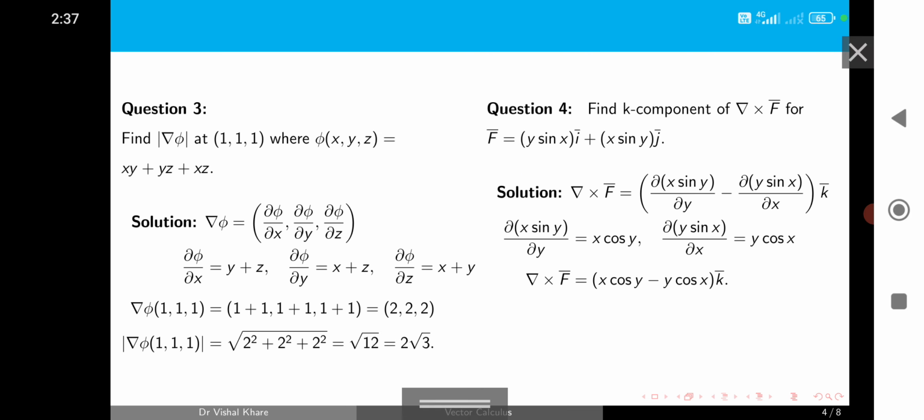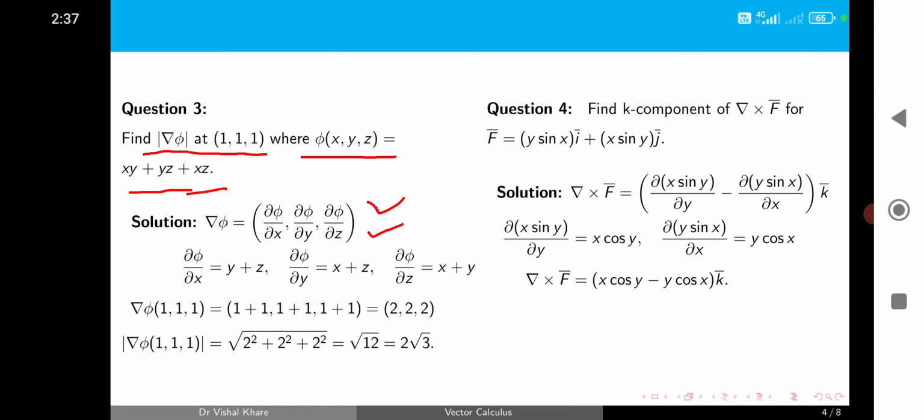In the next question, we have to find the modulus of del phi at 1 comma 1 comma 1, where phi of x comma y comma z is xy plus yz plus xz. So del phi, how to find del phi? It is actually gradient phi. So del phi by del x i, del phi by del y j, and del phi by del z k.